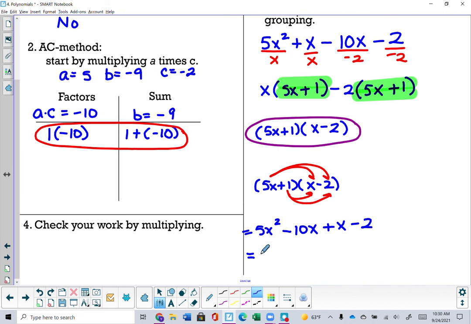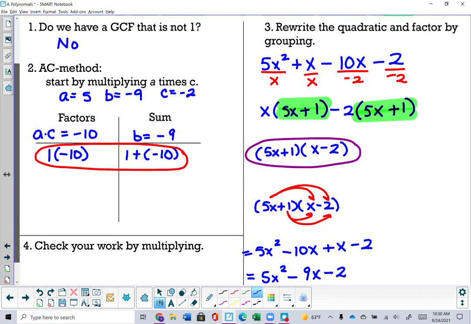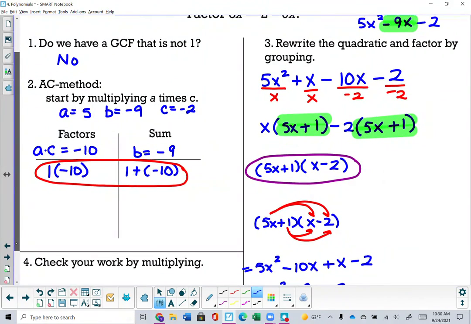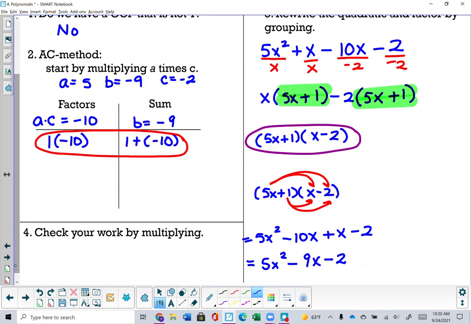Combine your like terms. We get 5x squared minus 9x minus 2. And that's exactly what we wanted. Perfect. So I'm feeling good.